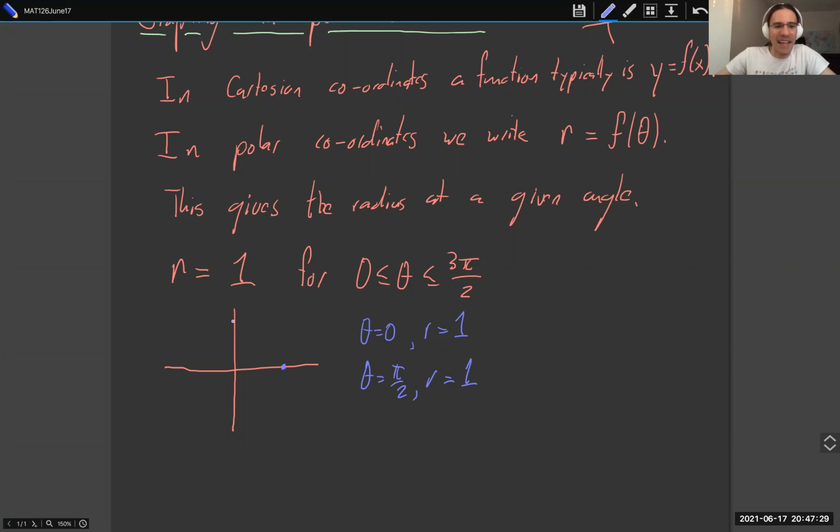And so at this angle, it's 1. At this angle, it's 1. And what do the angles range over? The angles range from 0 to 3 pi over 2, right? So that represents this range of angles. This angle is 3 pi over 2. And so what do I get in that range of angles? It looks like part of a what?